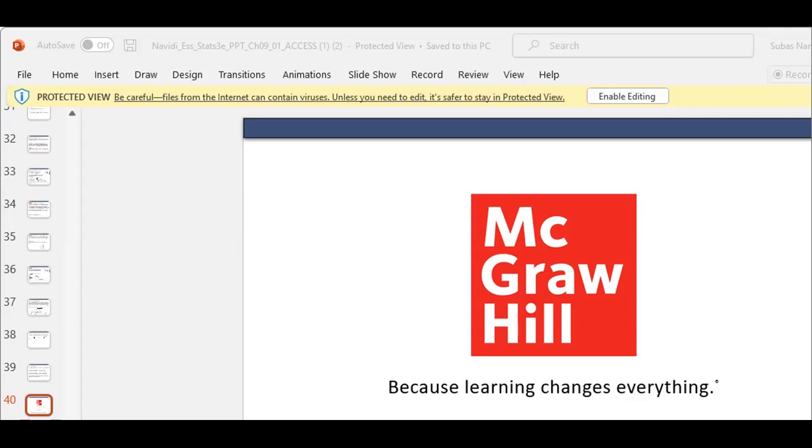Investigators want to know whether the proportion of patients experiencing substantial relief is greater for drug 1. Drug 1 is greater. So 1 is drug 1, 2 is drug 2. So the alternate hypothesis is P1 greater than P2. Null hypothesis P1 equal to P2.